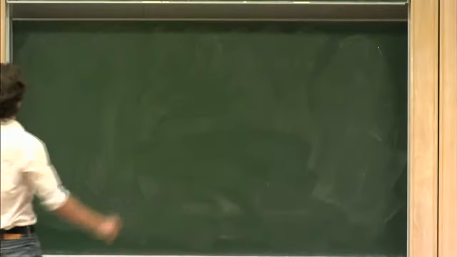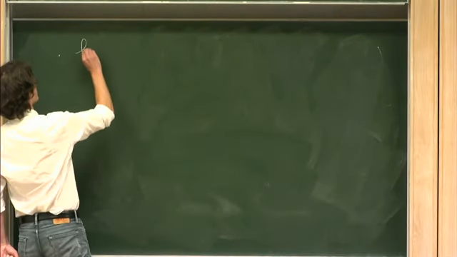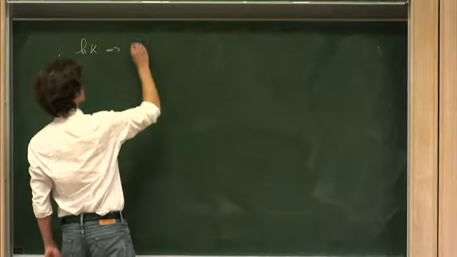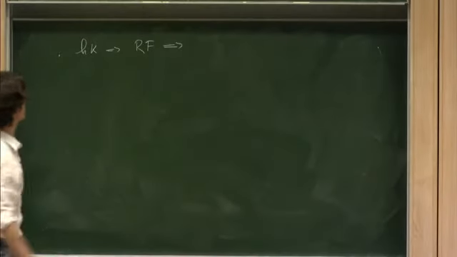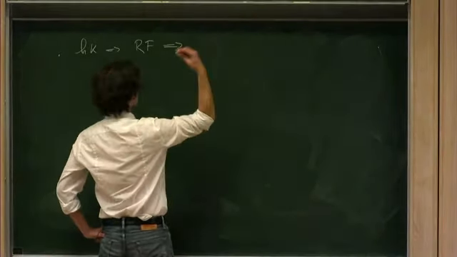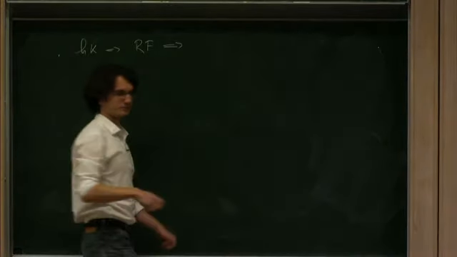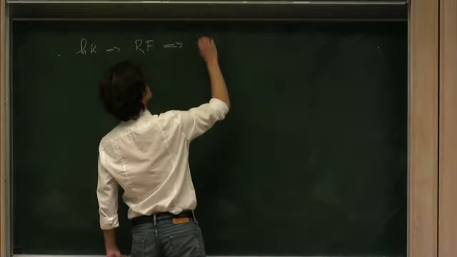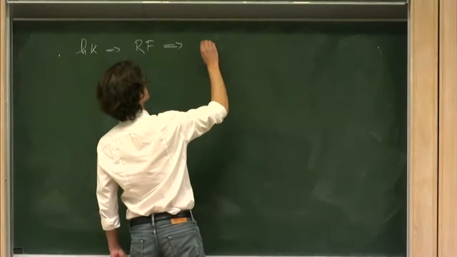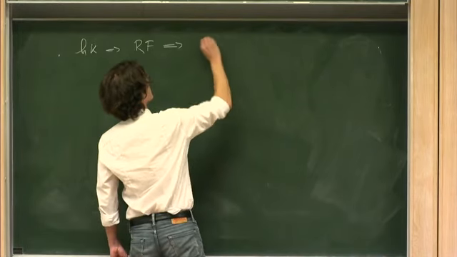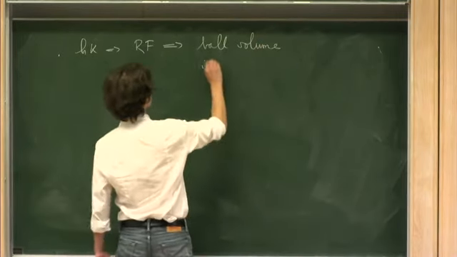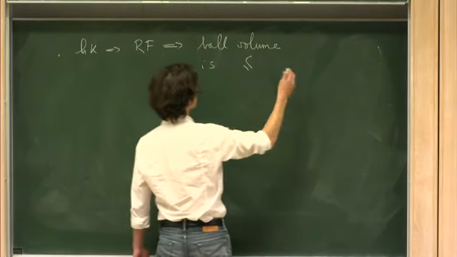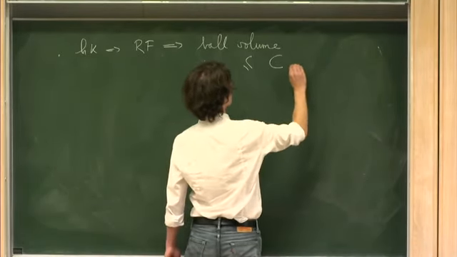So, as you probably all know, hyperkähler implies Ricci flat, which in turn implies, by the Bishop-Gromov theorem, at most Euclidean growth of the ball volume. So the ball volume is controlled by the Euclidean growth, which would be C R^4.